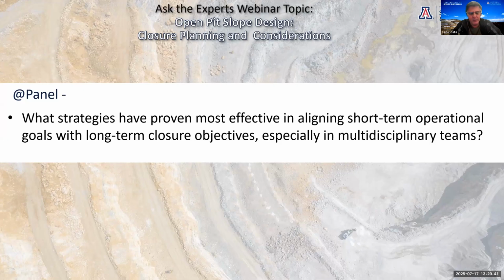So for now, we are still struggling to have some strategy that could be effective to show the short term team our long term vision in order to prepare now for closure. So I think we don't have a strategy at all.